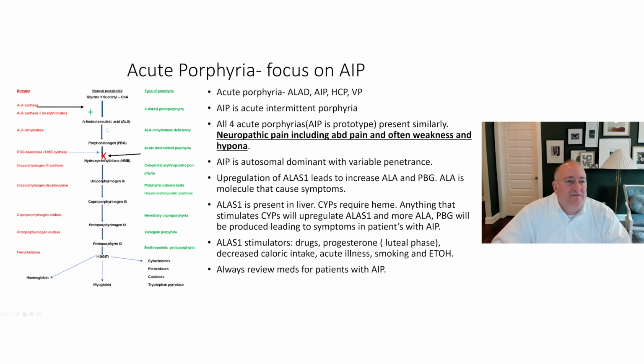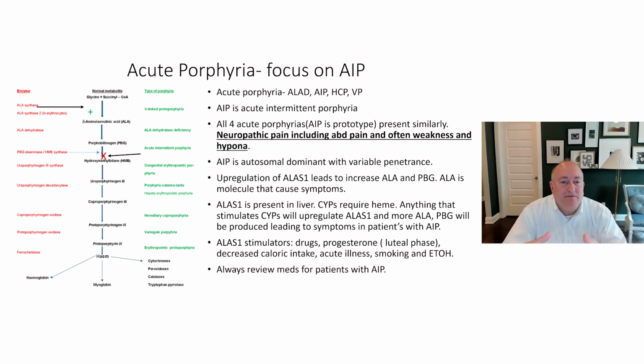So then you might ask, well, why are some patients symptomatic? What precipitates an attack? It really has to do with ALA synthase. ALA synthase is in the liver. That catalyzes the first step in the pathway. So anything that's going to upregulate ALA synthase in a patient with AIP will precipitate an attack. ALA synthase will be upregulated when the CYPs, when the cytochromes, need more heme.